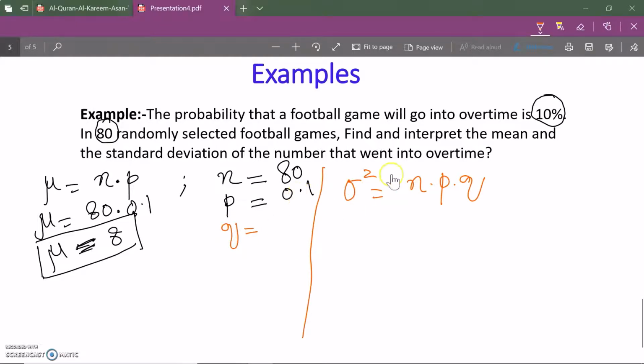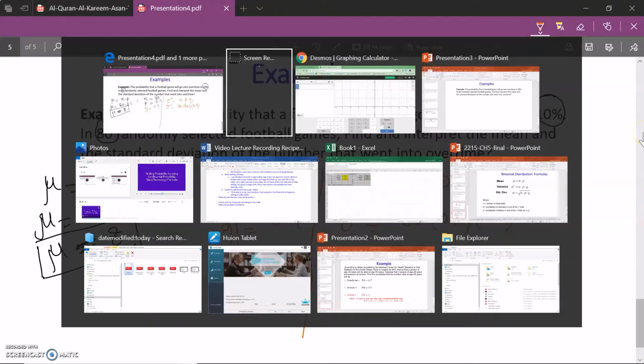If there is a 10% chance that our game will go into overtime, it means there is a 90% chance that our game may not go into overtime. That's the idea of the probability of failure. So plug in the values: sigma squared is equal to 80 times 0.1 times 0.9. You can do this computation on a calculator.